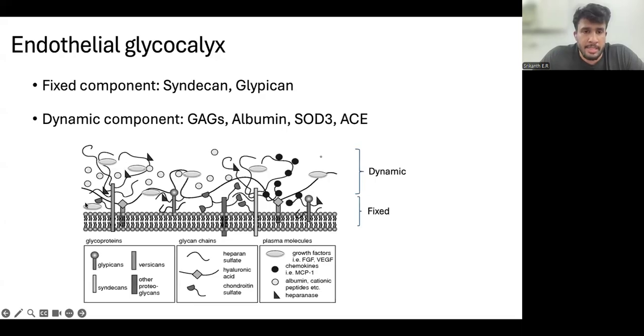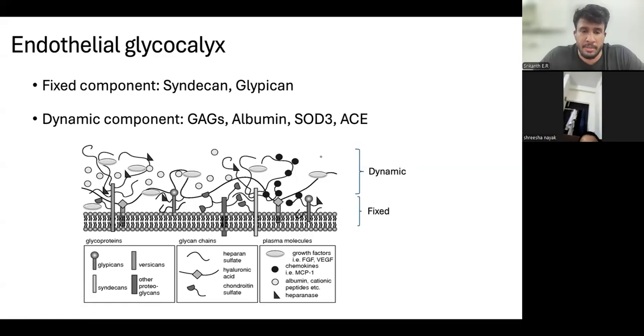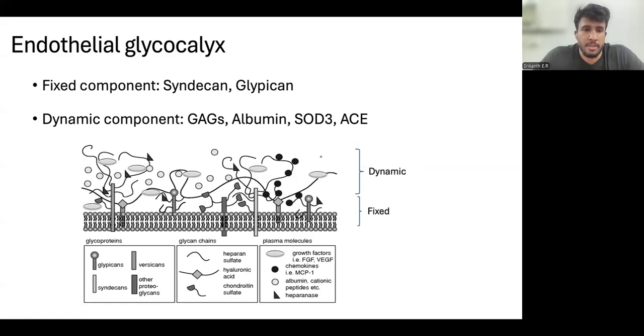The endothelial glycocalyx has a fixed component, primarily the proteoglycans, which are the syndecans and the glypicans. And then there's a dynamic component, which forms the bulk of the endothelial glycocalyx, the glycosaminoglycans, which trap a lot of albumin and adhesion molecules along with them. So this is the basic structure of the endothelial glycocalyx.